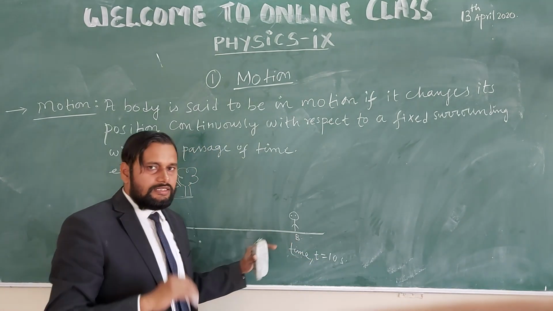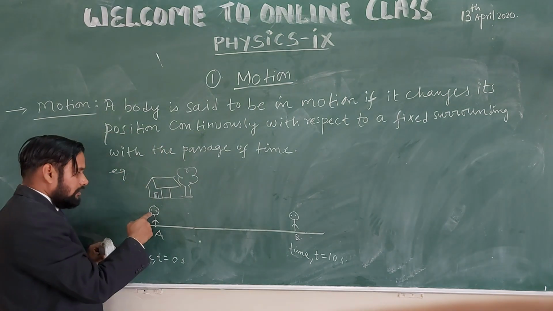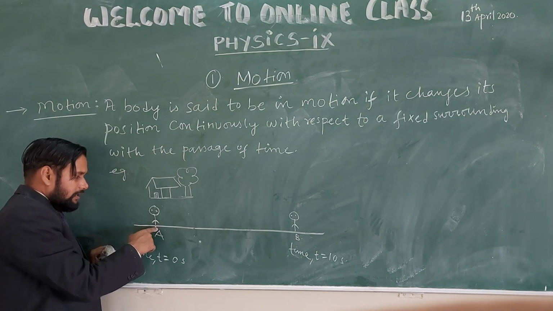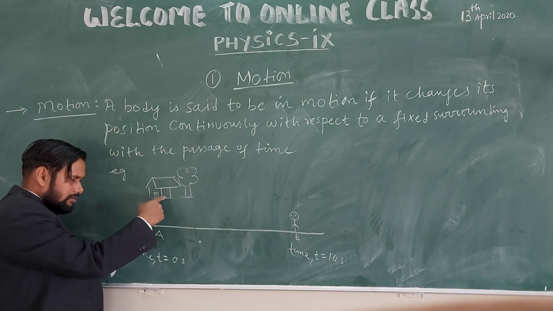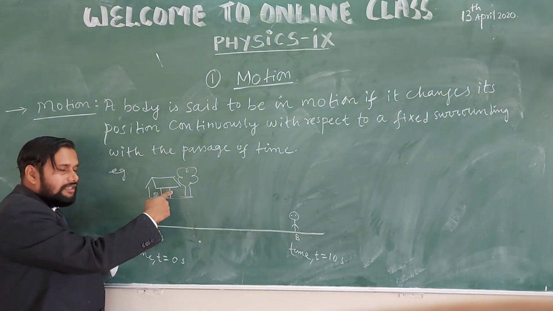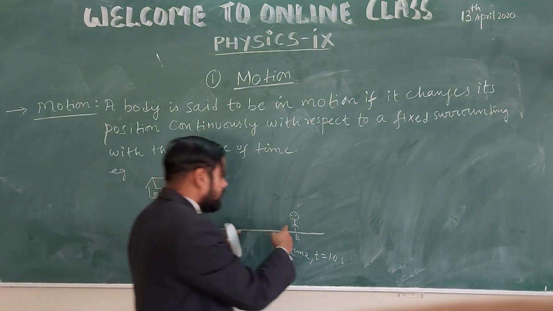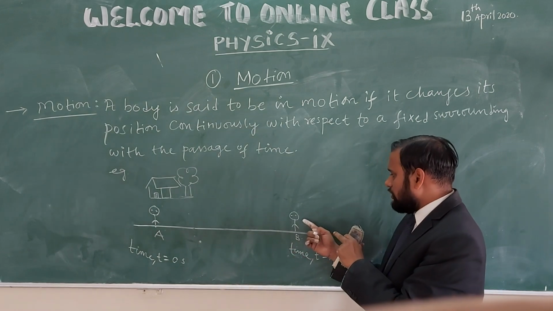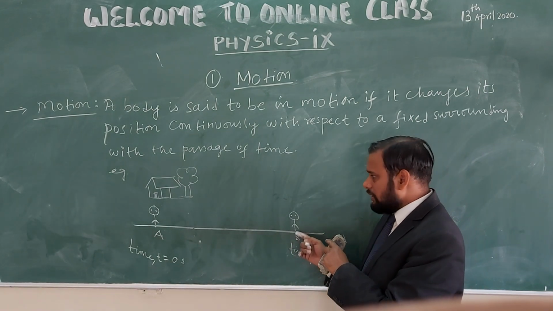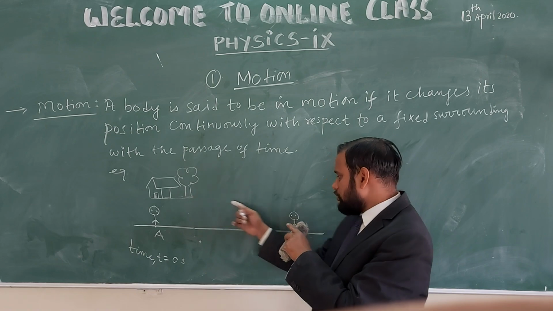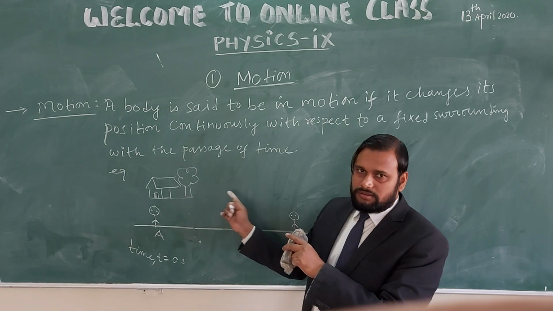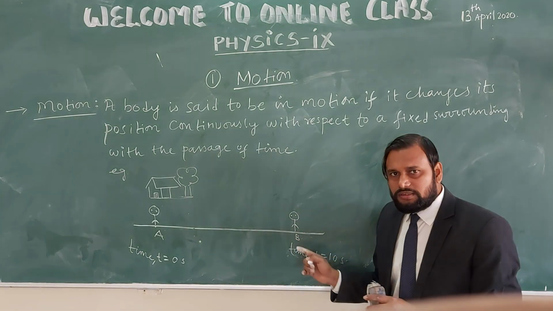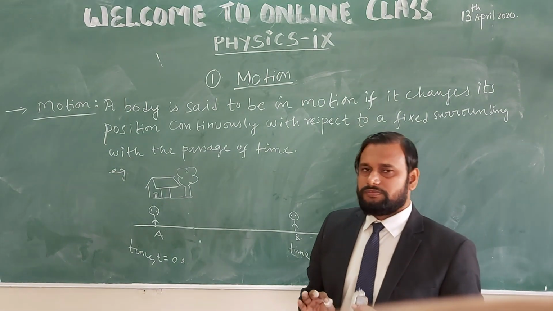Now you can clearly see that this boy at position A is very closer to this house and the tree. Now if you will see that this boy at position B is very far away from this house and the tree, that means this boy is in the state of motion.